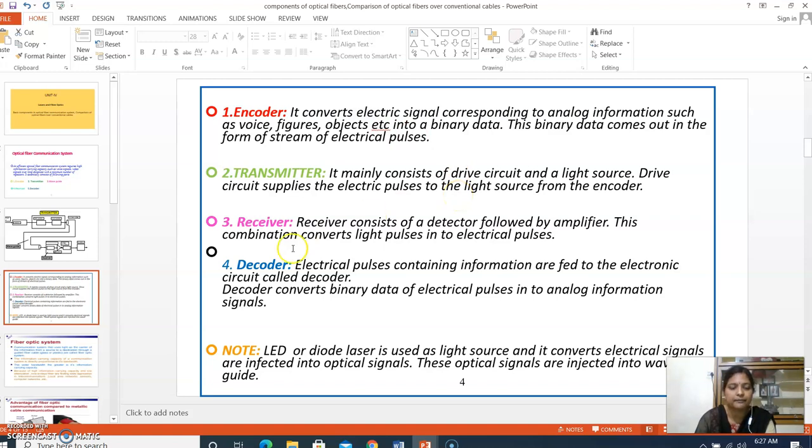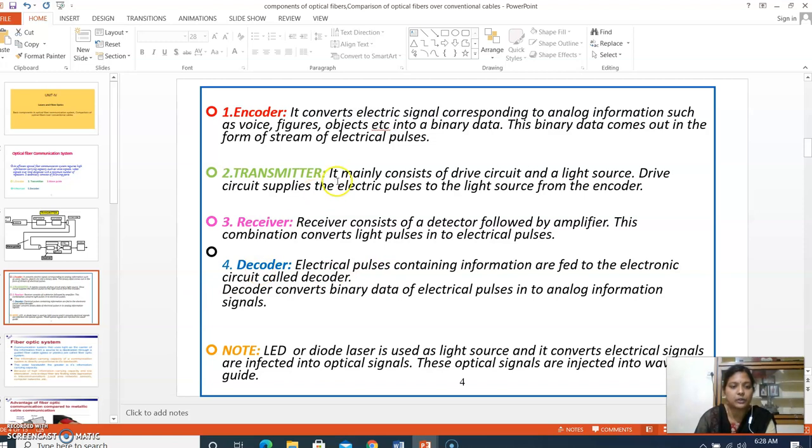Third one is the receiver, which consists of a detector followed by an amplifier. This combination converts light pulses to electrical pulses. Fourth one is the decoder, where the electrical pulses containing the information get decoded, that is, it converts the binary data of electrical pulses into the analog information.